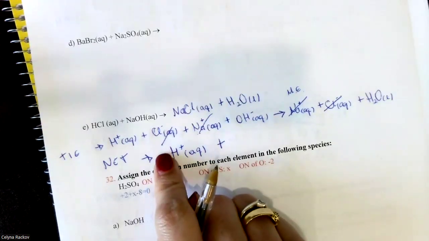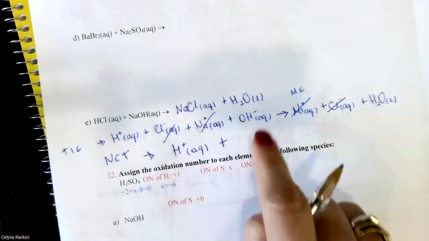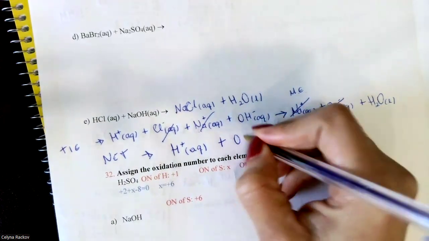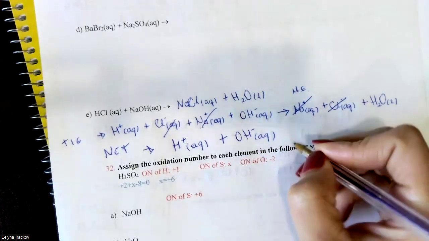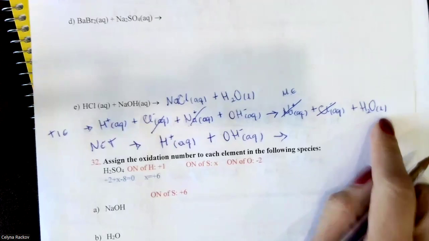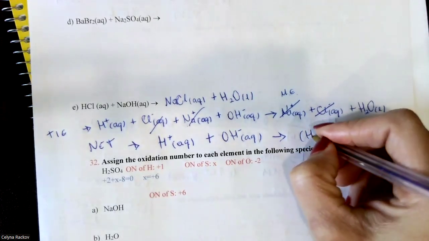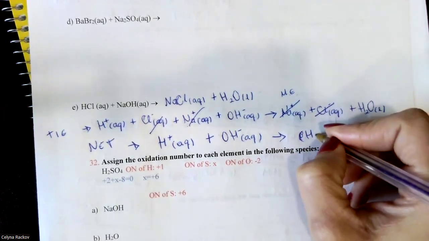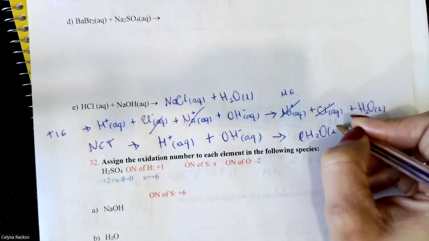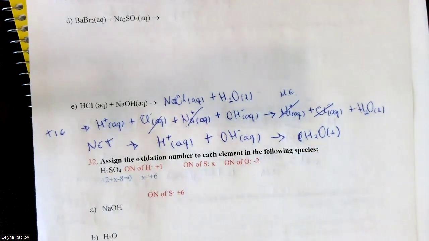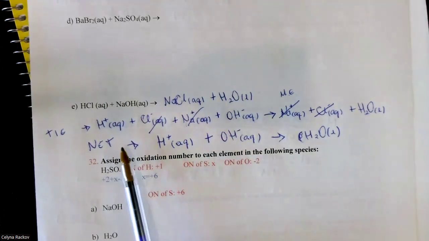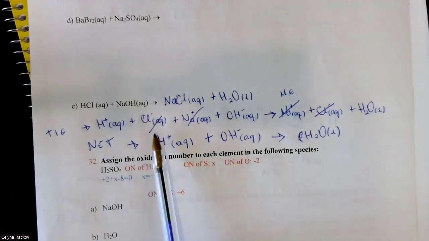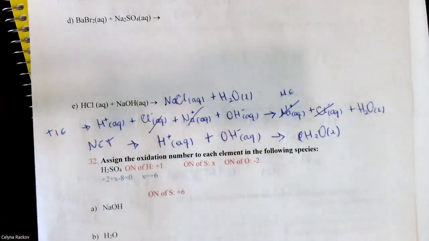Do not cancel H plus and hydroxide ion, right? And here did not cancel the water. H2O liquid, right? So the net ionic equation show the reaction step. All right? Okay.